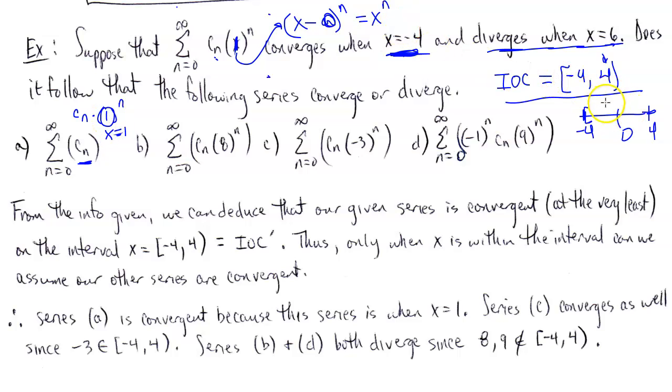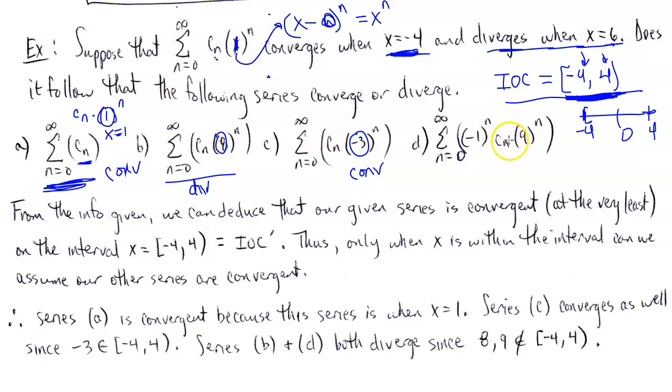Since 1 is inside of this interval of convergence, we could say that this particular series is going to converge, okay? Now, by the same token, since 8 is outside of this interval of convergence, we could say that this one diverges. And here we know that -3 is inside of this interval of convergence, so we can say that this one converges. So we'll say converge here, diverge here, converge here, okay?